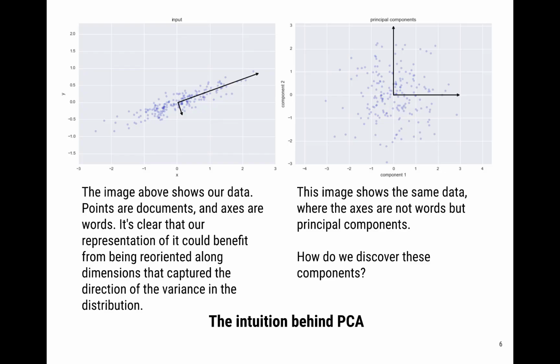Wouldn't it be cool if we could capture that and treat that as our dimension? That's the situation you have on the right, where we've identified that axis mathematically and converted it into our dimension. You can see that the dimensions have changed. Now we have component 1 versus component 2, and our scatter plot looks a little more balanced, and we have a different space within which to situate the documents. That's what we're trying to do with PCA.